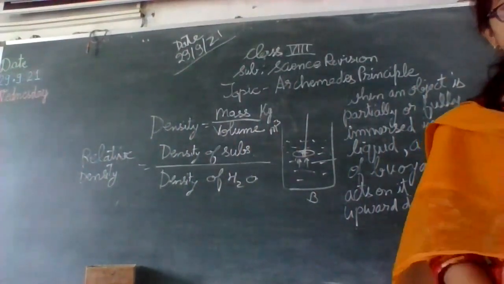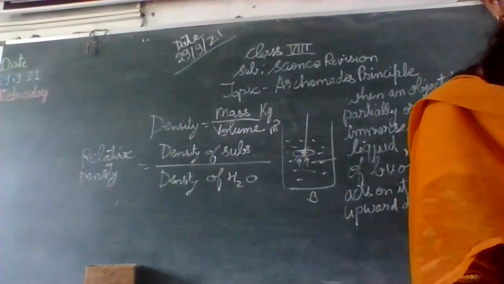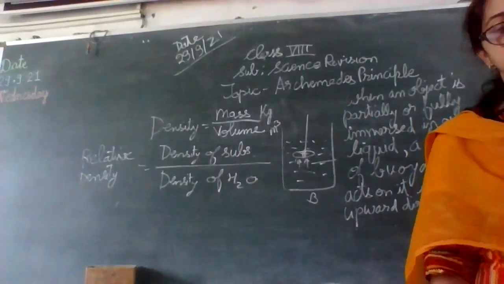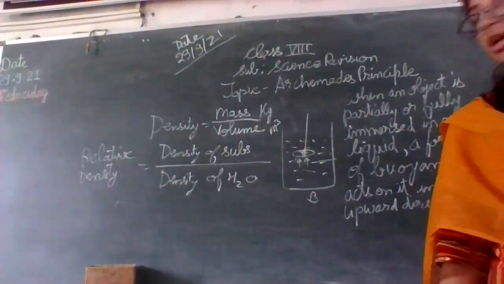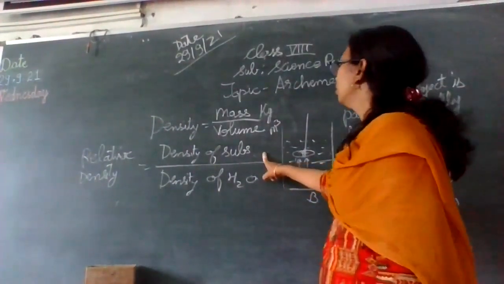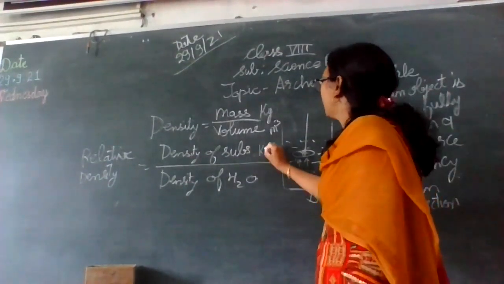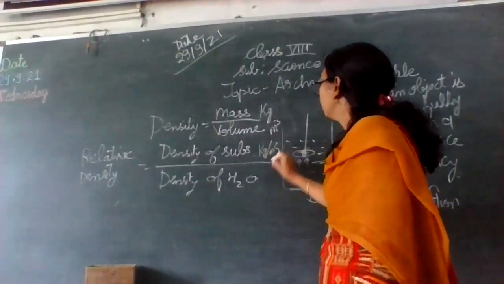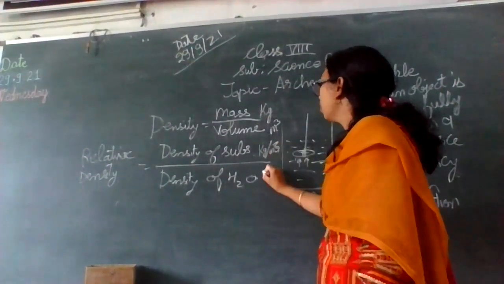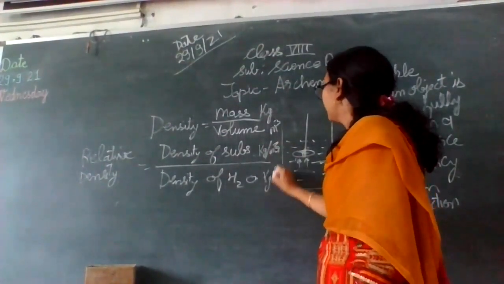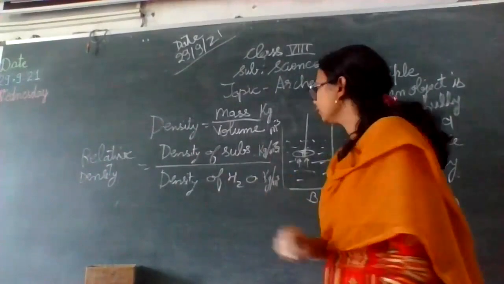This being a ratio of two equal physical quantities, it has no unit. Here, density unit will be kg per meter cube, and here also density of water will be calculated in kg per meter cube.